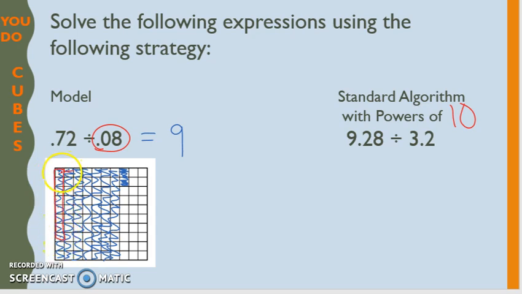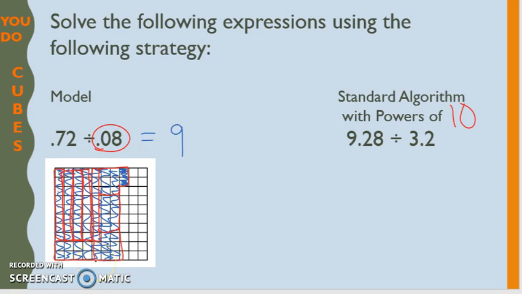That's 1 group, 2 groups, 3 groups, 4 groups, 5 groups, 6 groups, 7 groups, 8 groups, and 9 groups.